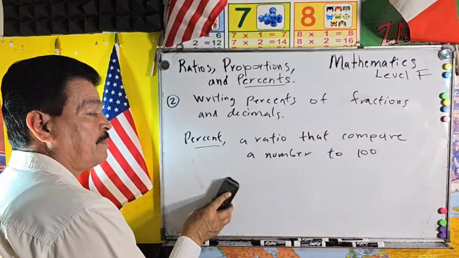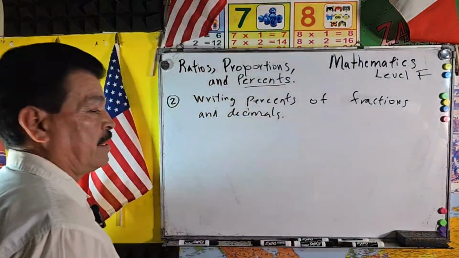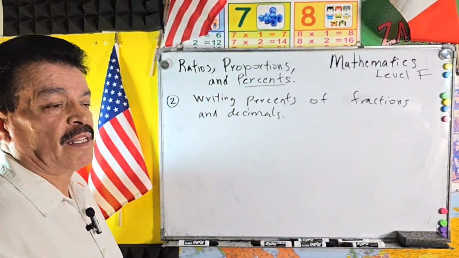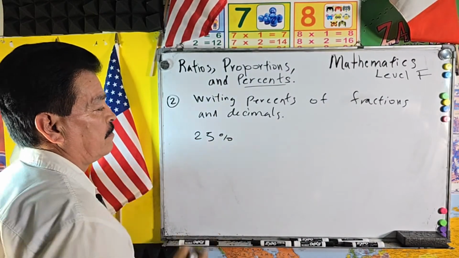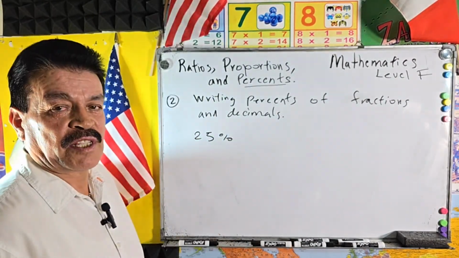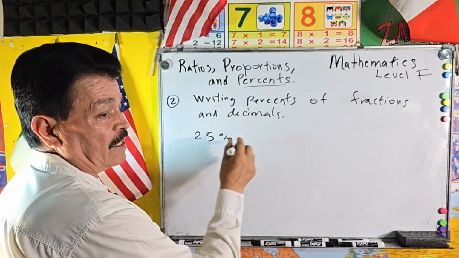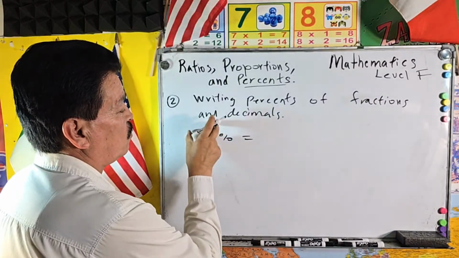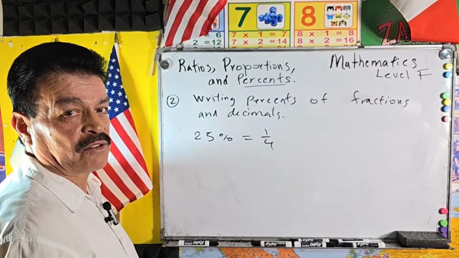Got it? Let's now use some examples. For instance, if we have 25%, this is equal to 1/4 in the fraction.